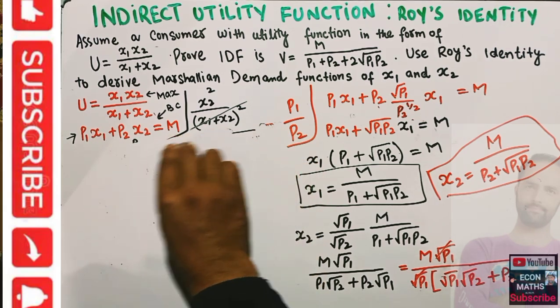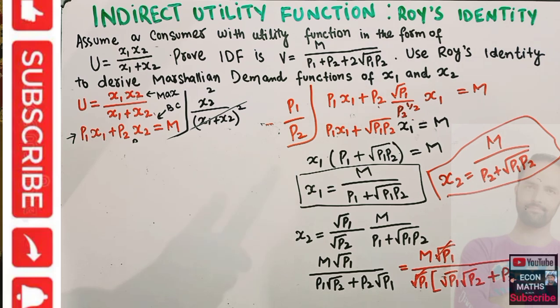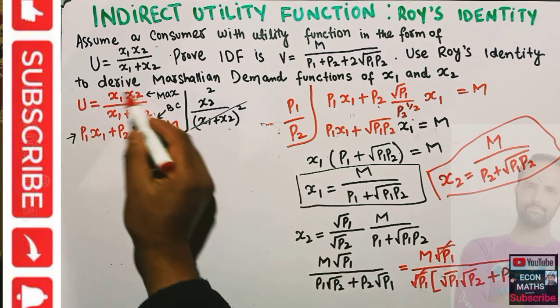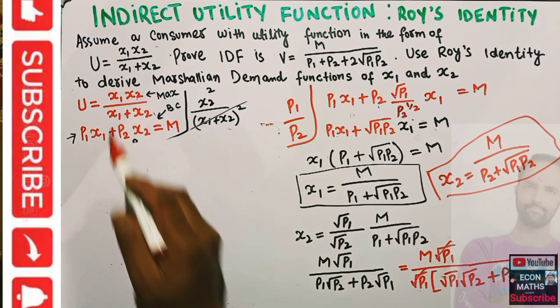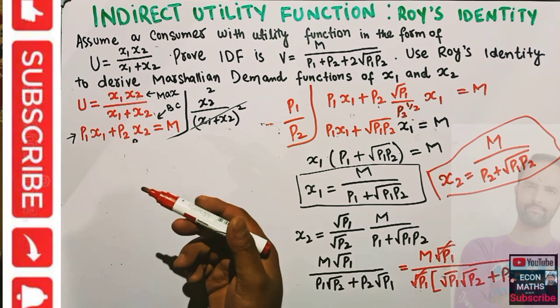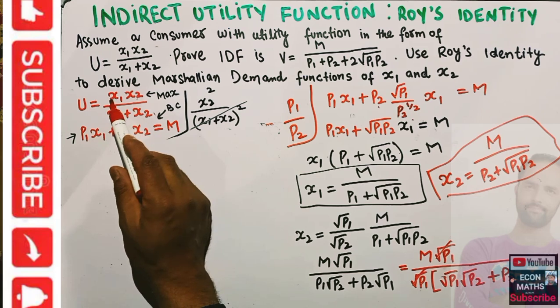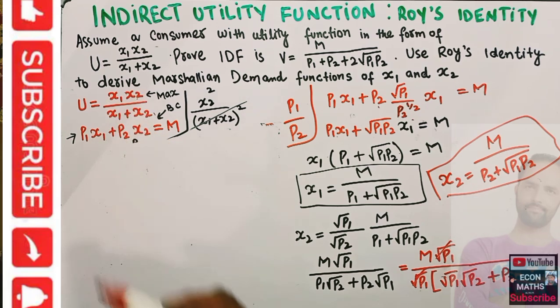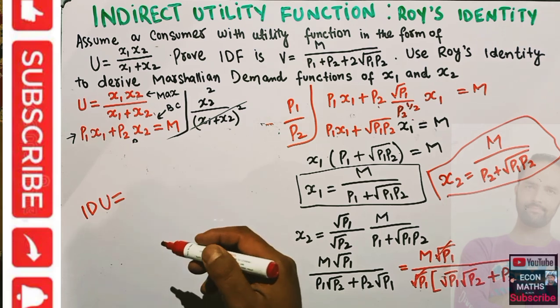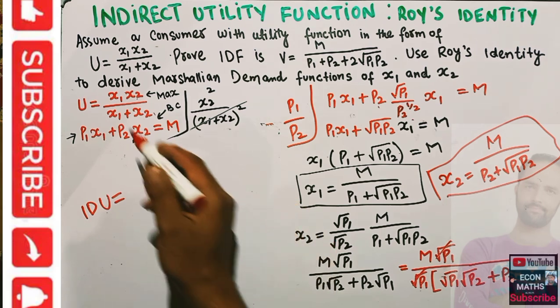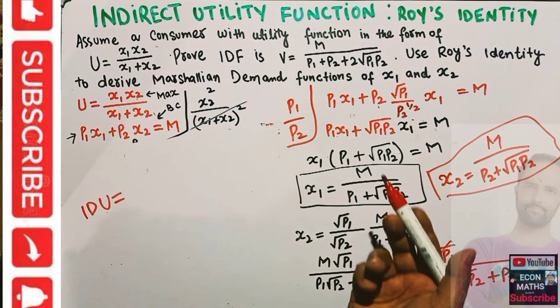So this was our utility function, what we call the direct utility function. Direct utility function shows our utility which is being derived by the consumption of good x1 and x2. By indirect utility function, we mean that our utility depends upon the price of the two goods and the income of the consumer.